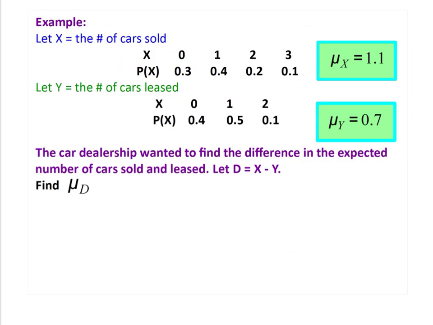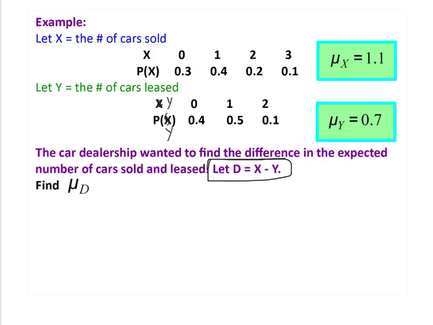So if I go back to this example, it's the same x and y, and we're going to write that as y, there we go. But this time it says the car dealership wanted to find the difference in the expected number of cars sold and leased. Let D equal x minus y.